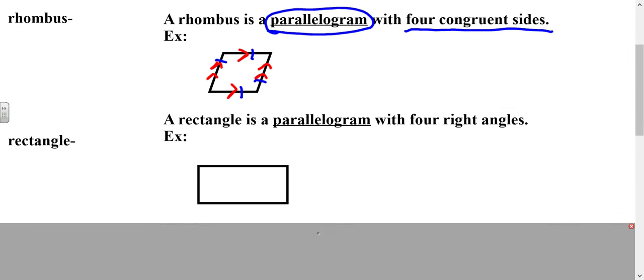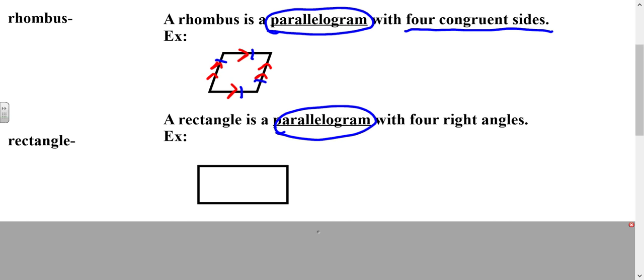Okay, a rectangle is also a type of parallelogram because it has two pairs of parallel sides. But to be a rectangle, most specifically, it has to have four right angles. So we're going to mark that it is a parallelogram. We're going to show that this side is parallel to this side with the arrows, and the top is also parallel to the bottom.